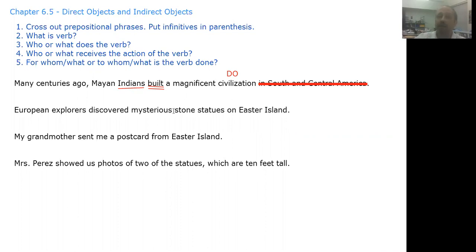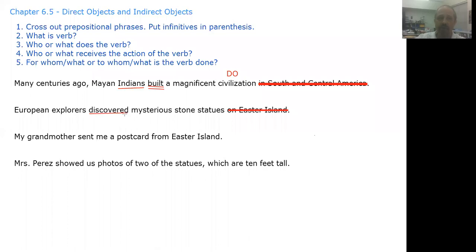All right. I do the same thing for my next sentence. European explorers discovered mysterious stone statues on Easter Island. Again, I have one prepositional phrase, on Easter Island. I put a line through it. It's gone. Then I ask myself, what's the verb? The verb is discovered.